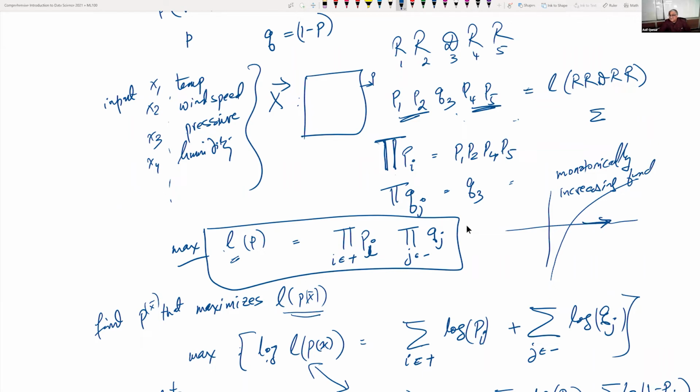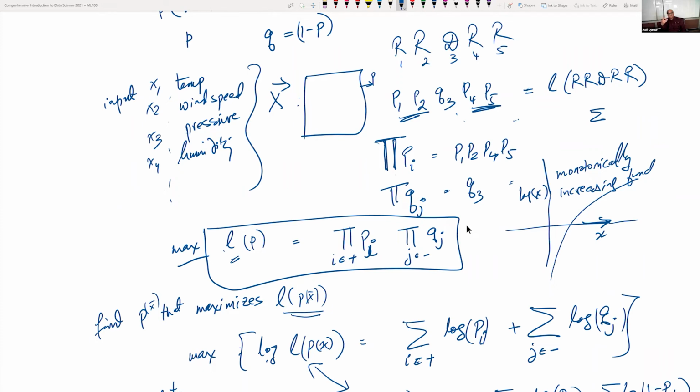So as x increases, log x also increases, isn't it? The log function, if you remember from high school or middle school, looks like this. So it is justified.